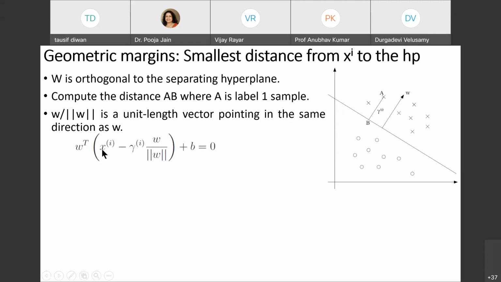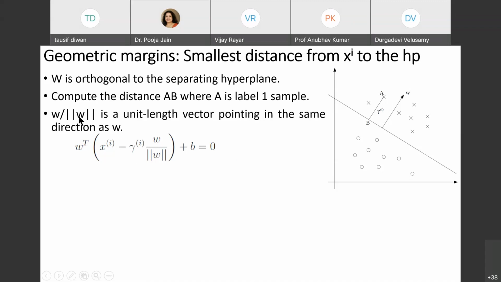So this xi is a vector. Gamma i is just a scalar. So we cannot subtract a scalar from a vector. What we can do is multiply a unit length vector by this scalar. Then this scalar also gets converted into a vector. What is the unit length vector in this direction?